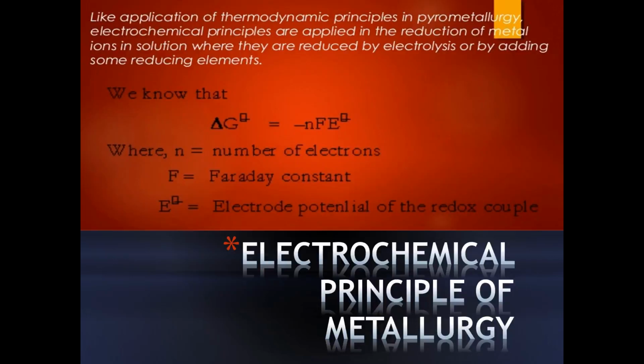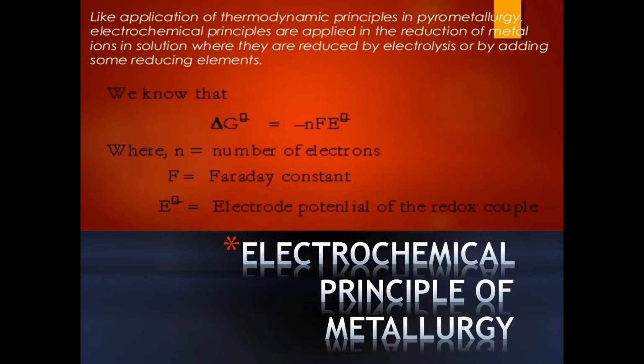Hence the redox reaction is planned in such a way that the EMF of the net redox reaction is positive. When a more reactive metal is added to a solution containing a relatively less reactive metal, the more reactive metal will go into the solution. For example, copper plus silver is taken.